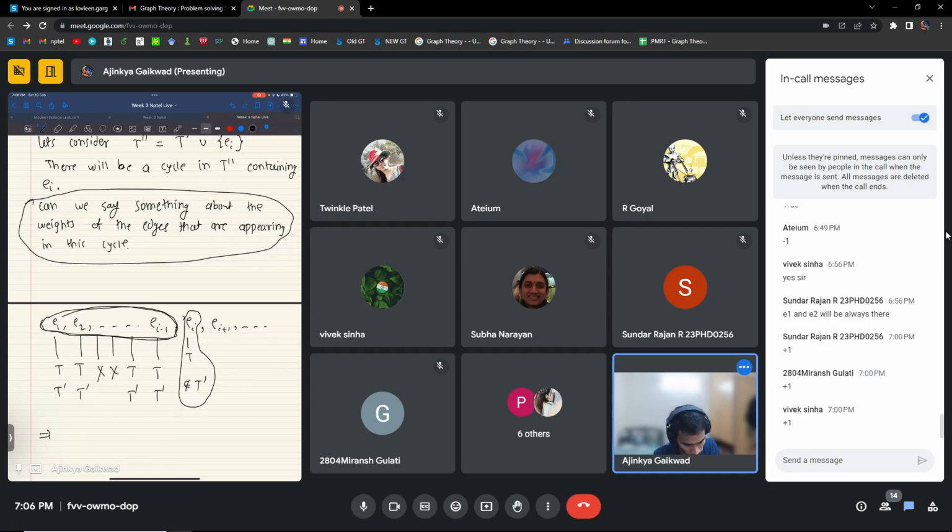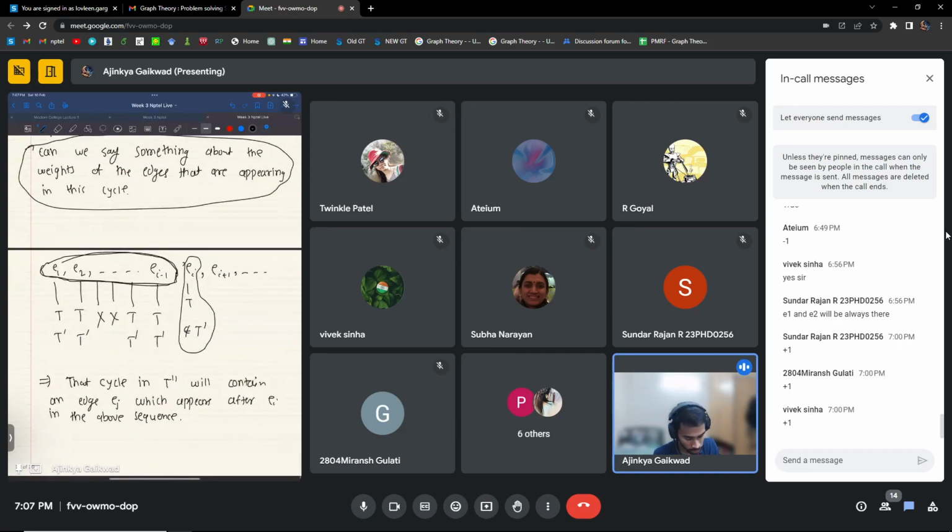This implies that the cycle in T double prime will contain an edge EJ which appears after EI in the above sequence. And since this is the sorted list, the weight of EI should be less than the weight of EJ.